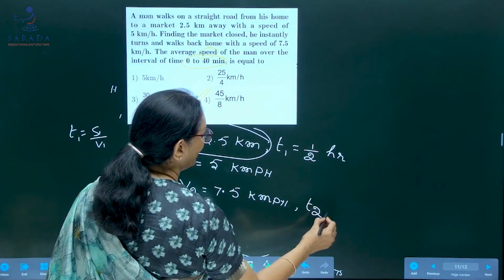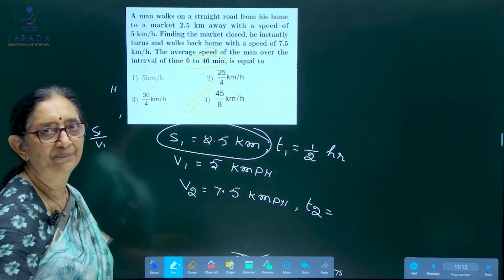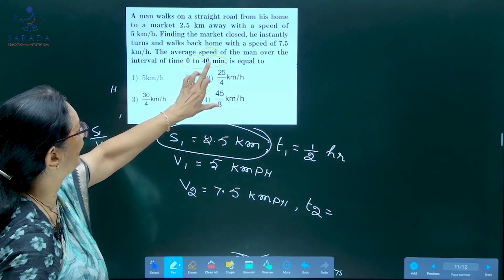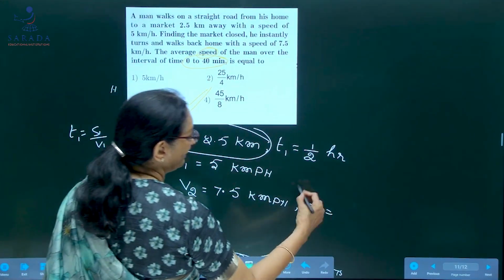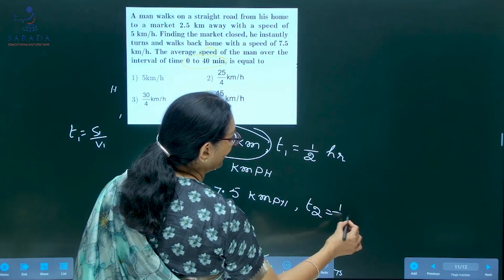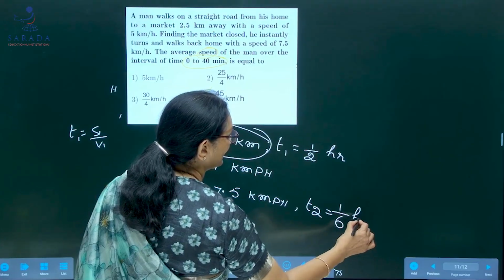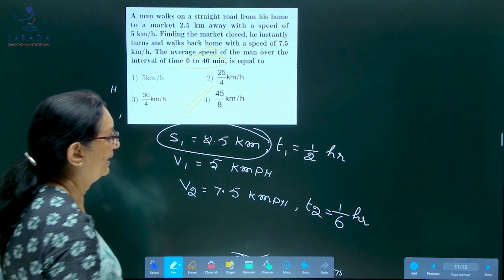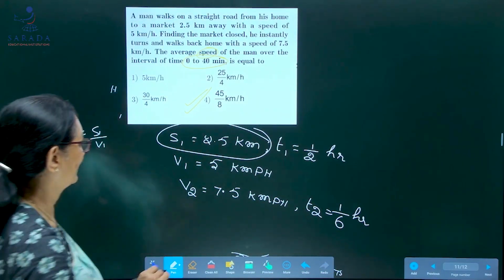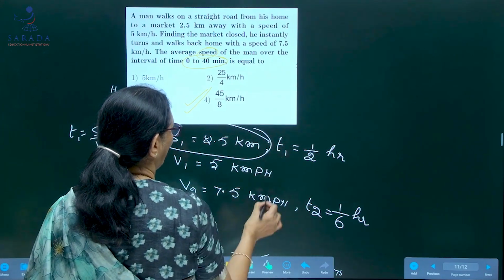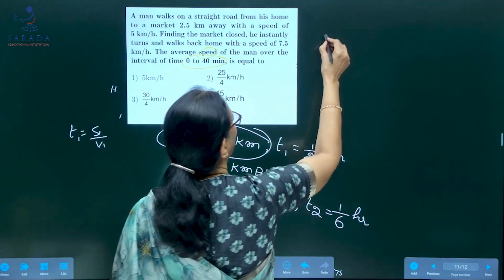And 30 minutes is done. So, you are asked to find the speed in 40 minutes. So, the remaining 10 minutes, if you convert that into hours, is 1 by 6 hours. Then, V1, T1, V2, T2 are given.